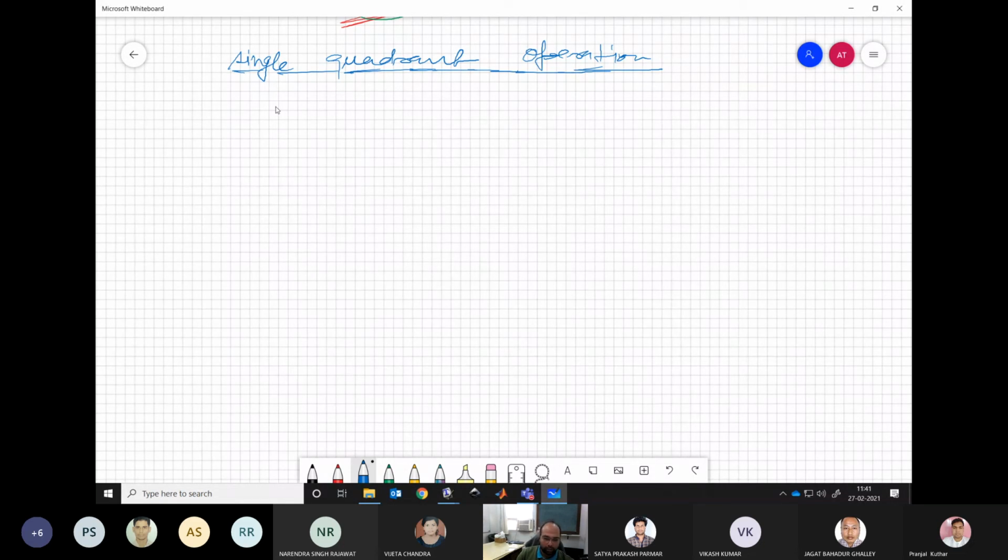So if someone asks us to realize a switch which has a multi-quadrant characteristic, let us say bidirectional current conduction and unidirectional voltage blocking, what do we do? One example we have seen is a MOSFET with anti-parallel diode.